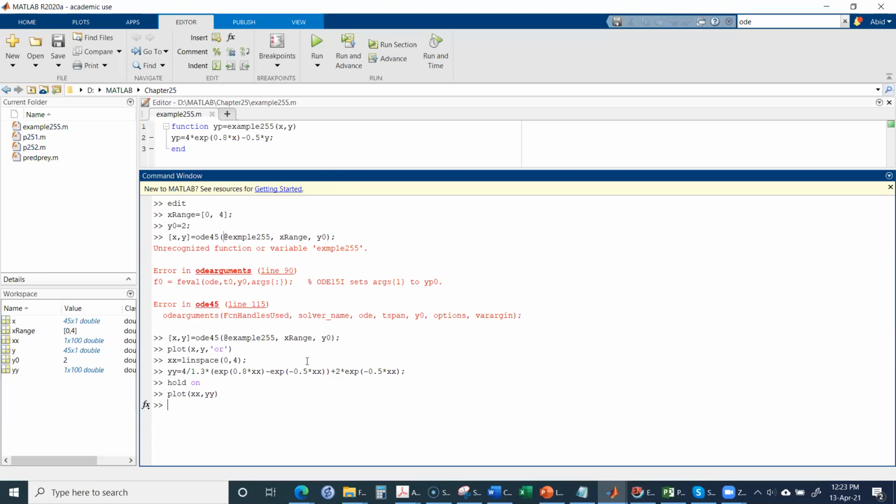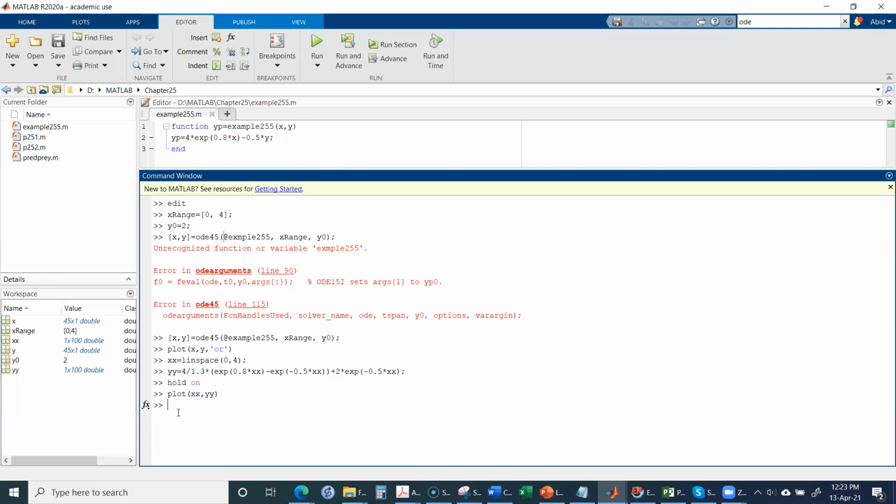Okay, and so in this case, as we have seen, ODE45 has given us a range of values, for example X range values and Y range values. What if we want some particular values of X and Y? For example, what is the value of the function at X equal to 1?